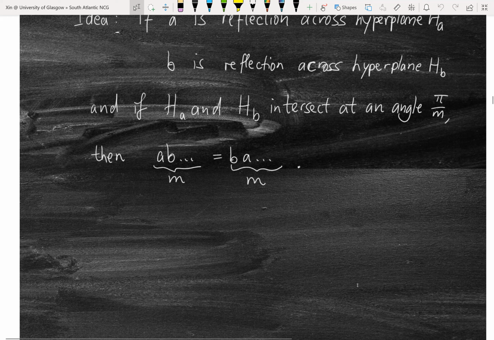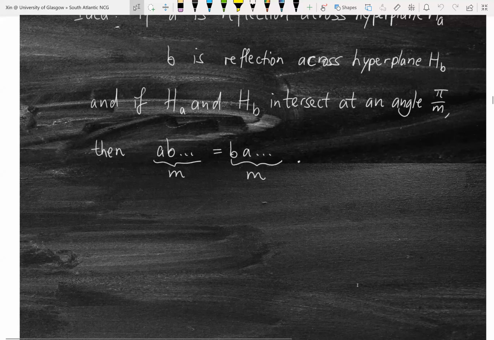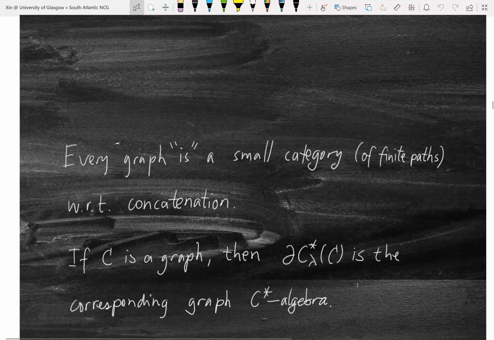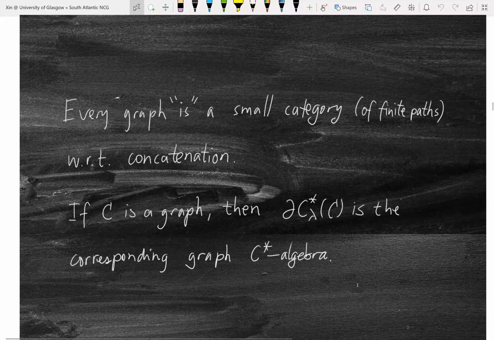Okay, next case is the graph case. I will not say much about this, because this is a classical construction. I guess many of you will know about this. If you're given a graph, there is a natural way to construct a small category.